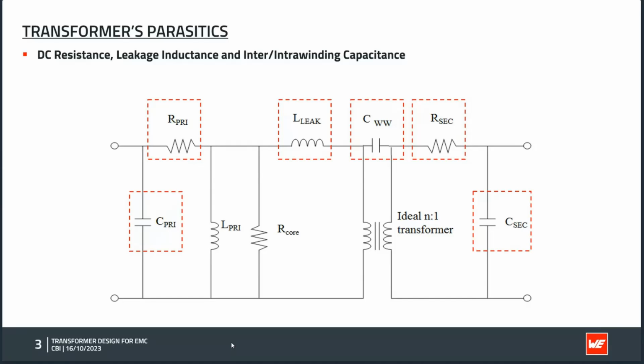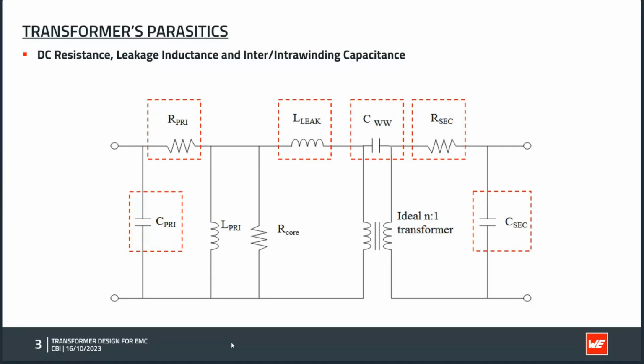And to get this webinar started correctly and so no one falls asleep, I would like to ask you a question before we get into it. Just imagine a case where you have a conducted noise, a conducted emission, in your power supply and you want to get rid of it. And you think that maybe it might be the transformer that causes the problem.